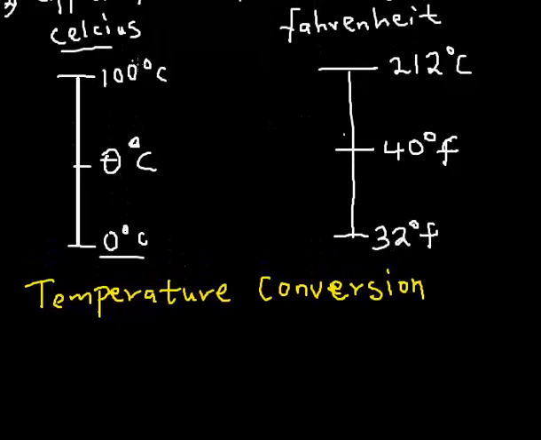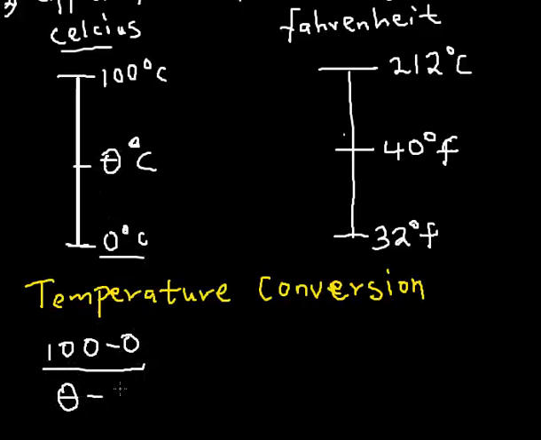So in this case, comparing this temperature in Celsius and that in Fahrenheit, it is very easy. I start with the distance between the lower fixed point and the upper fixed point, which is 100 minus 0, divided by the distance between the temperature I'm looking for and the lower fixed point, which is theta minus 0.